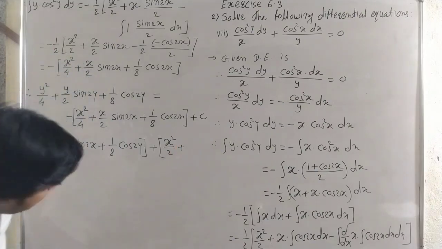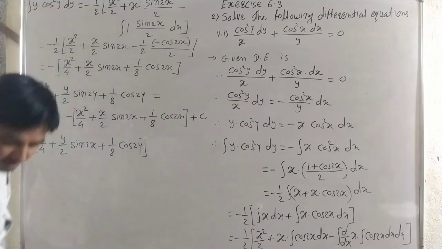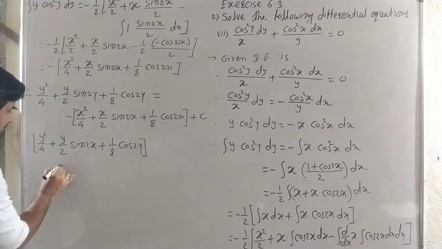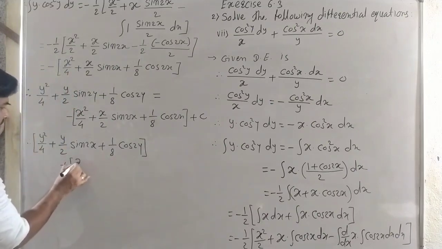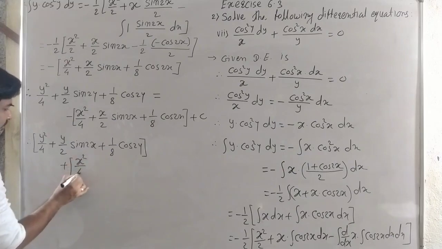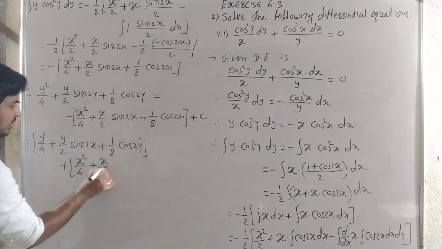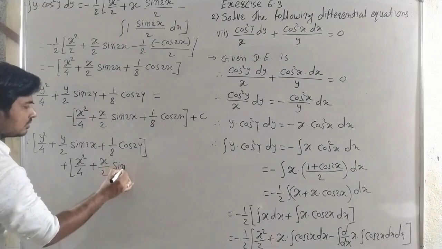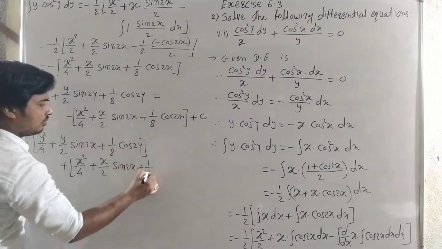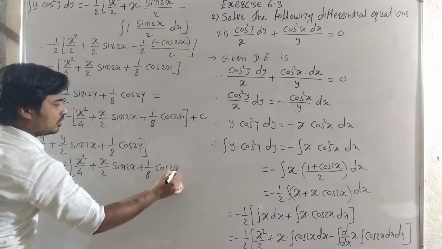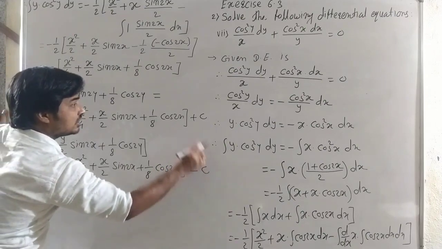Okay, here you can write this below. Here it is plus x square by 4 plus x by 2 sin 2x plus 1 by 8 cos 2x, and is equal to this c only.